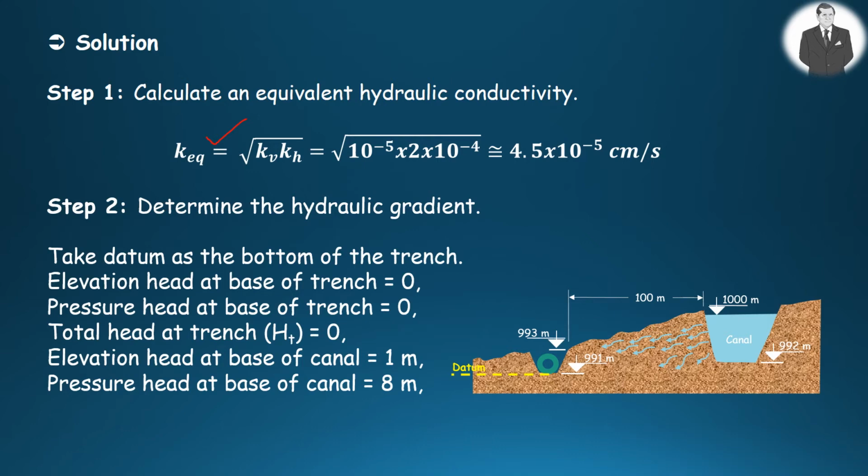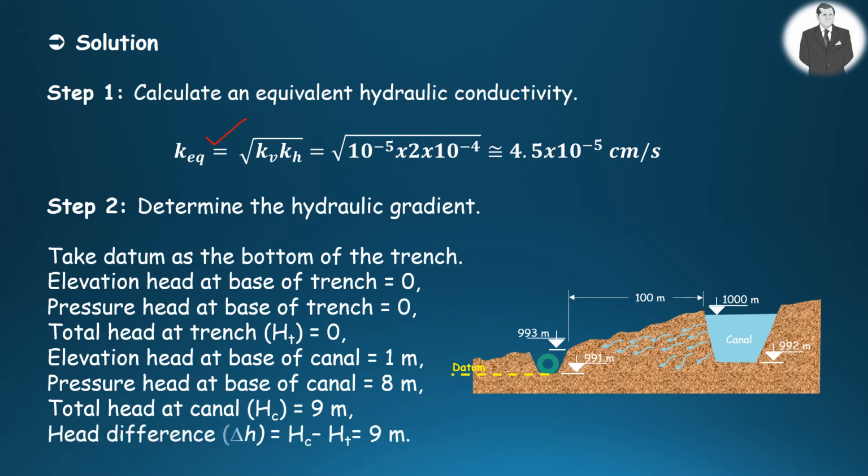Pressure head at the base of canal is the difference between 1000 minus 992, that is 8 meter. So the total head at canal is 9 meter. Head difference is the difference between the total head at canal and total head at trench, that is 9 meter.